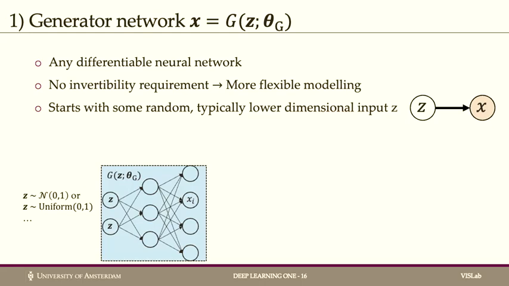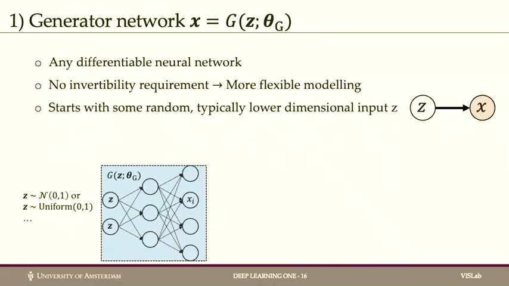We're simply sampling it from some distribution, and it doesn't even matter that much what kind of distribution it is. But since you're sampling it from, for example, a Gaussian distribution 0, 1, without any correlations between the different dimensions of Z, it means you can sample new samples really easily, because you just generate a new noise sample, and it's almost 100% likely that this one hasn't been seen yet, and it goes through the network, and you get a completely new sample out.